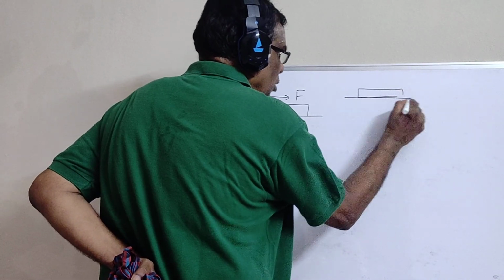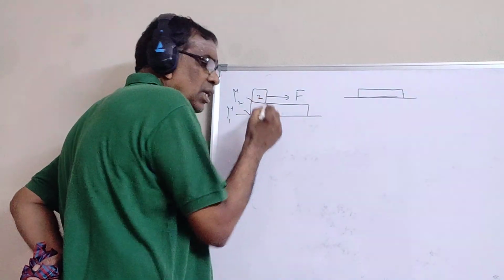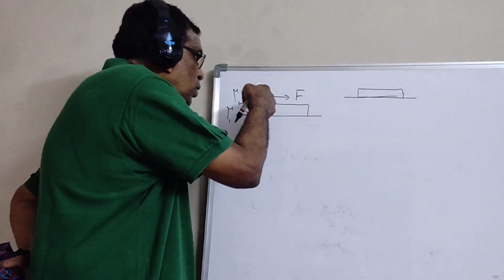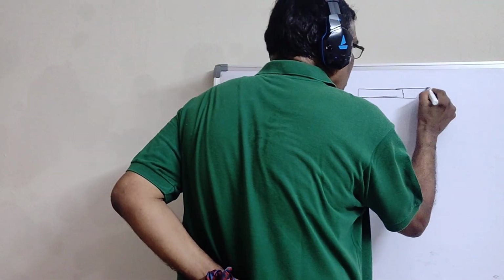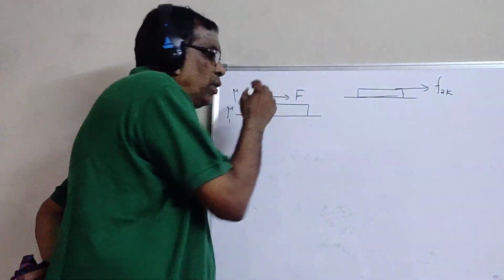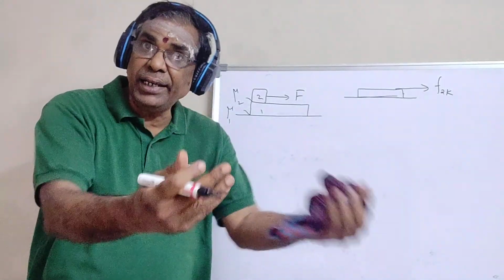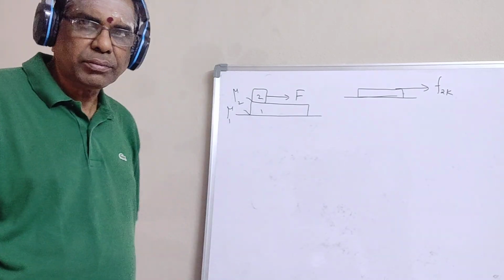Why should the lower body move at all? Because of the frictional force by 2 on 1, so that will try to take it forward. Since you said the upper body is also slipping, I am putting F2k.